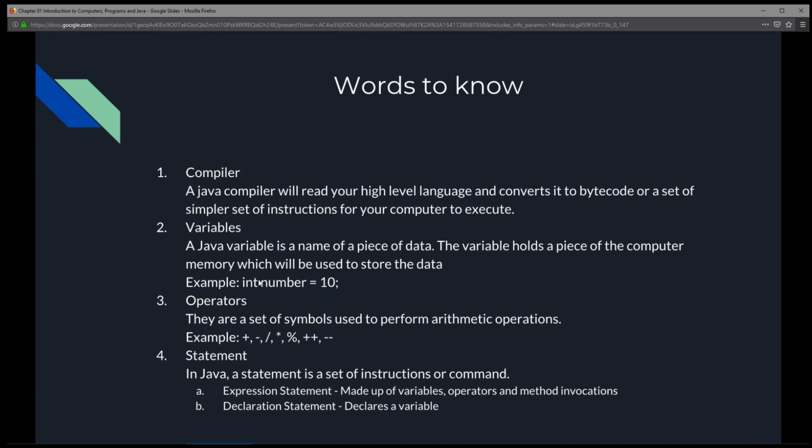It knows that this value 10 is an integer, not a decimal, not a string, not a character. It is an integer, because right here we state that it's an integer. And to be able to access this integer, we have a variable right here. This variable equals 10. So when we call this variable, we will be able to grab this value 10.